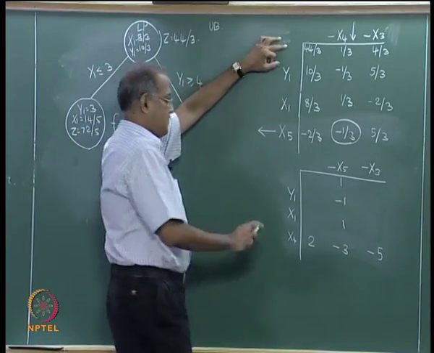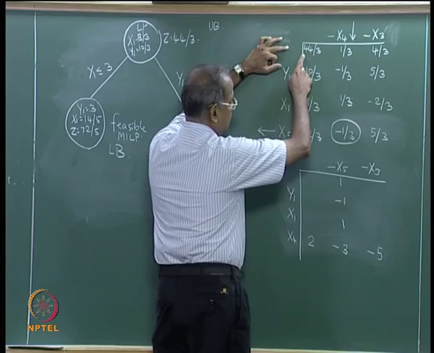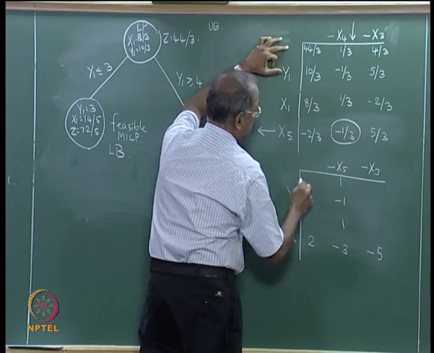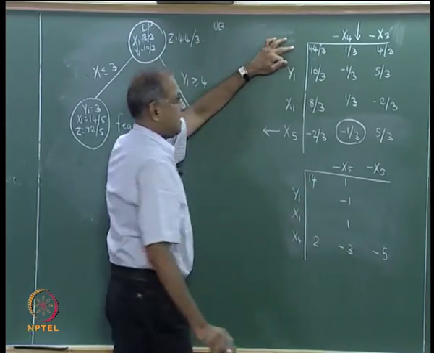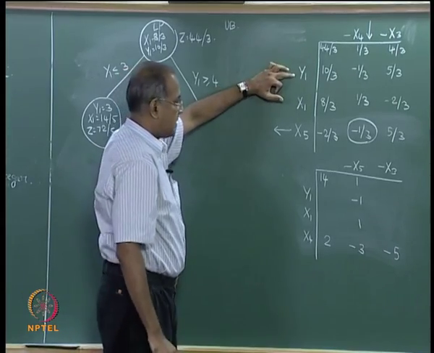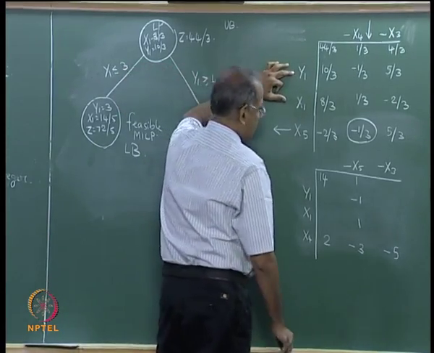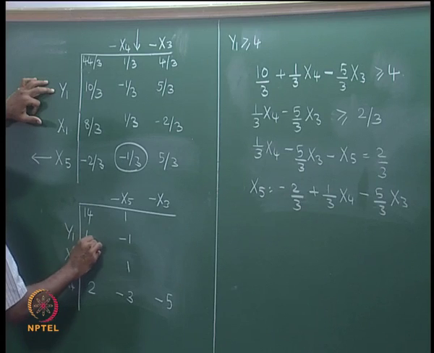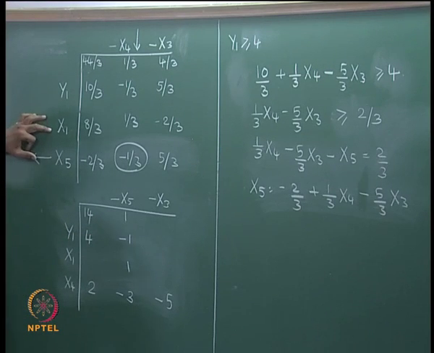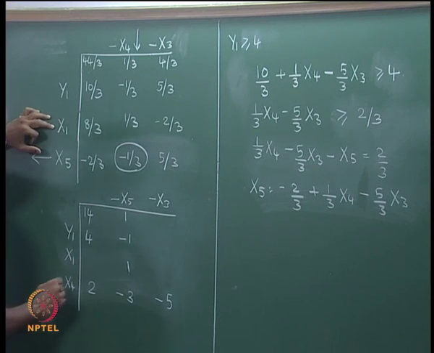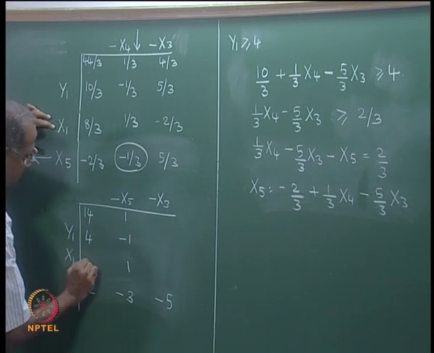So, this will become 44 by 3 minus 1 by 3 into 2 is 42 by 3, which is 14, 10 by 3 plus 2 by 3, which is 4, 8 by 3 minus 2 by 3, which is 6 by 3, which is 2.